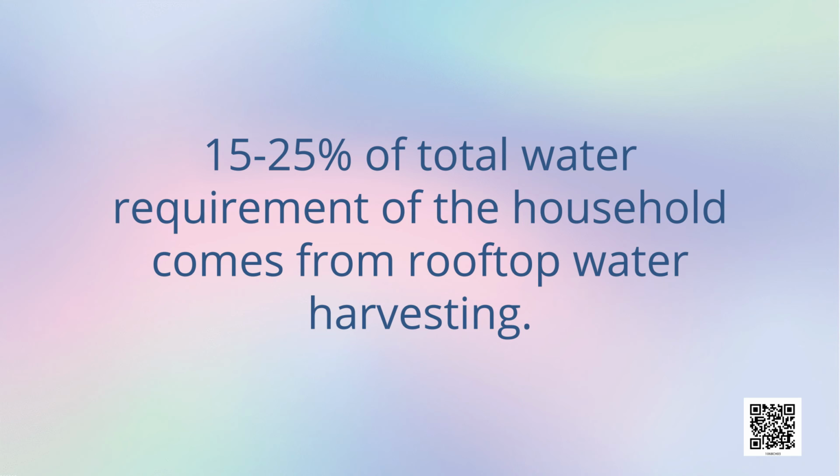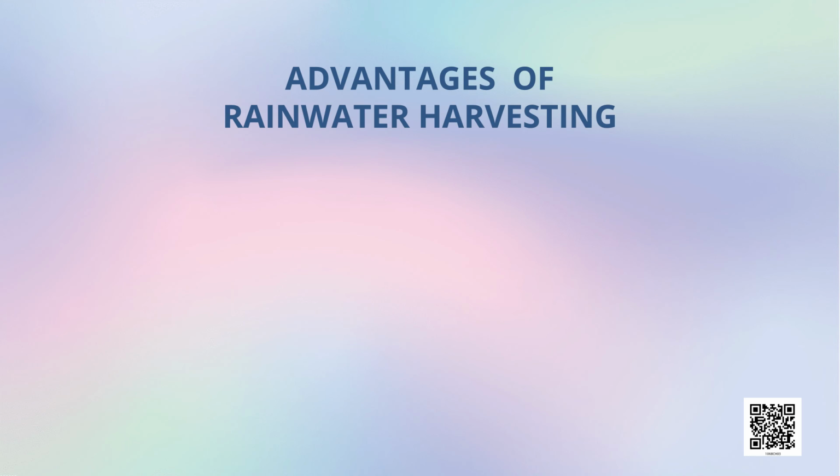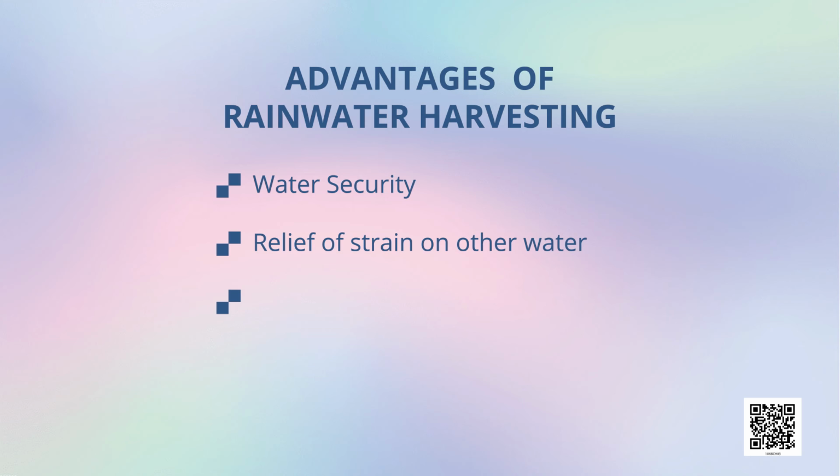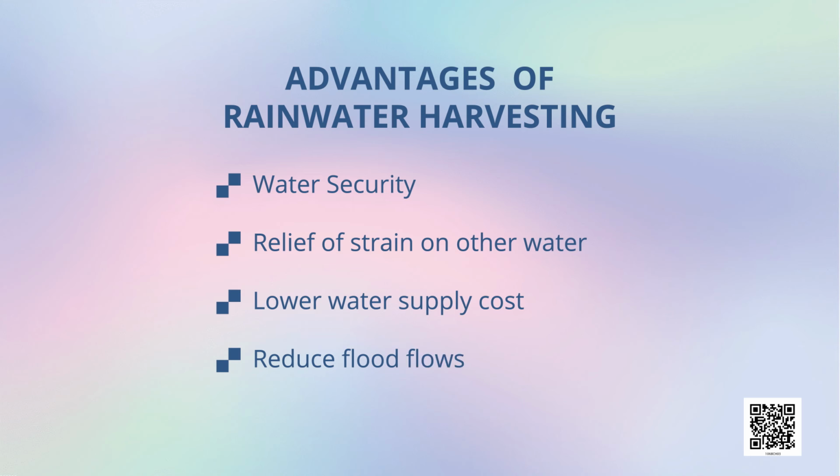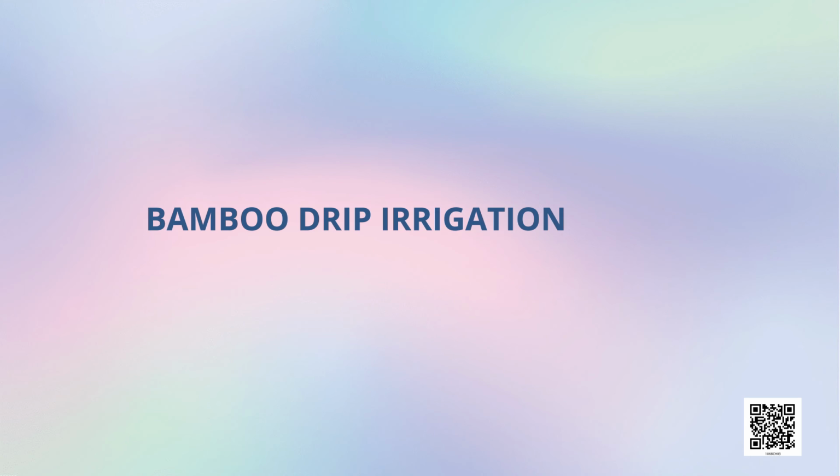Students, so we know rooftop rainwater harvesting. Now we will discuss advantages of rainwater harvesting. First is water security. Second is relief of strain on other water supply. Third is lower water supply cost. Fourth is reduced flood flows. Students, here we discuss the bamboo drip irrigation system.